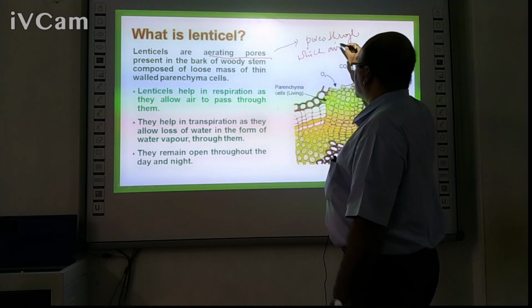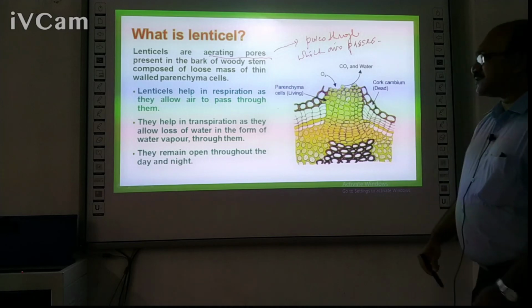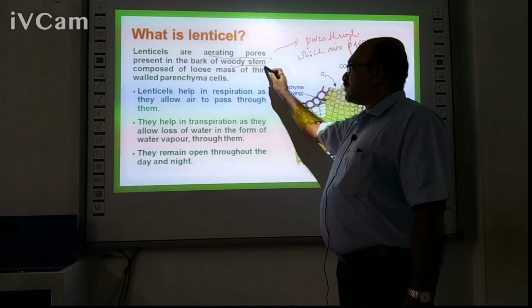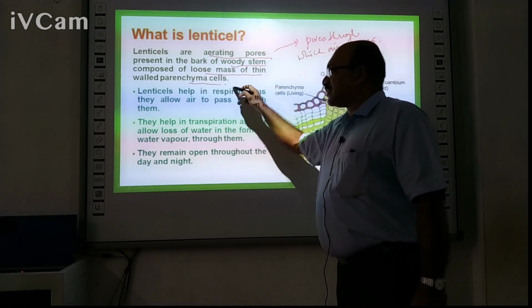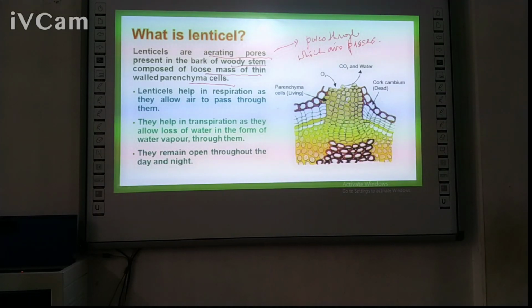So they are generally found in the woody stem, and these are actually loose mass of parenchyma cells. So gaps are created that creates the lenticels.